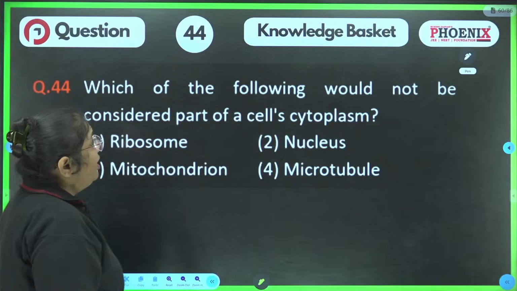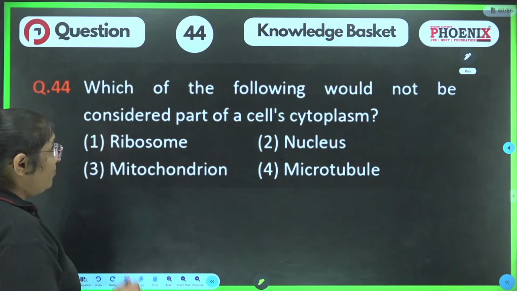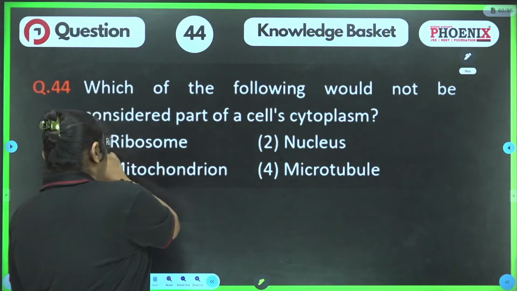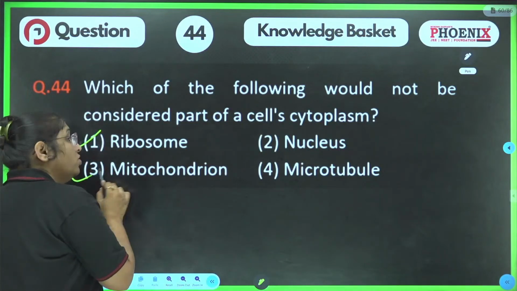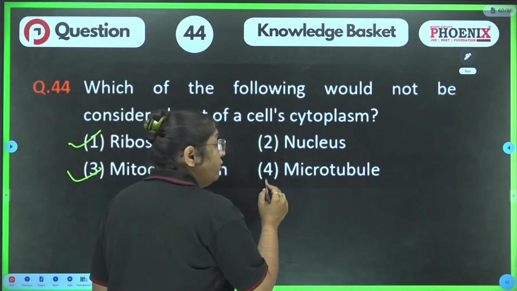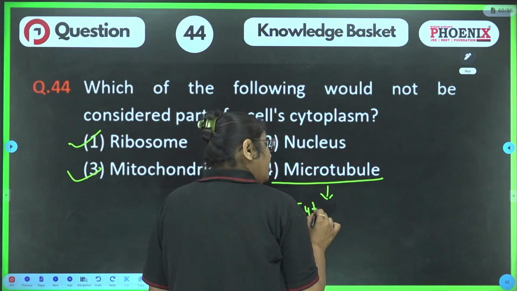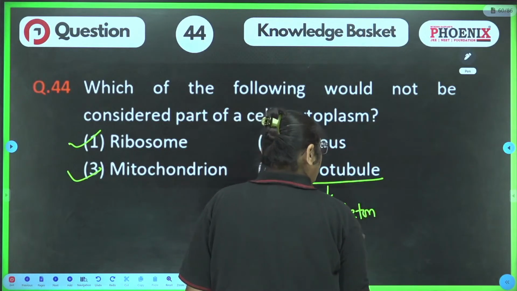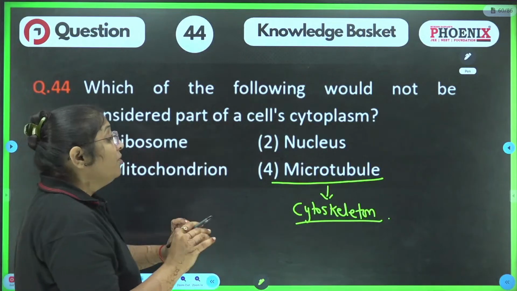Which of the following would not be considered part of the cell cytoplasm? So what is not in the cytoplasm of the cell? Ribosome is present in cell cytoplasm, even mitochondria is present. Microtubules form the cytoskeleton, which helps the organelles to remain in the proper place.